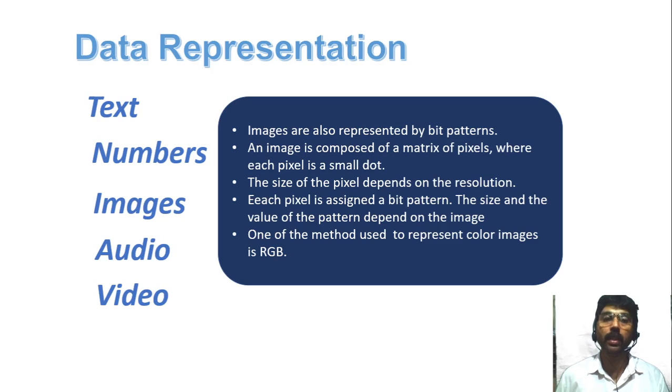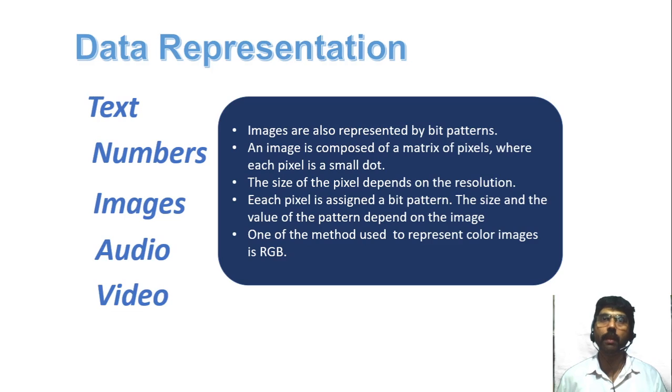One of the methods used to represent color images is RGB. RGB means red, green, blue colors. Most of the time we are using this technique, but the pixel size depends on the image.